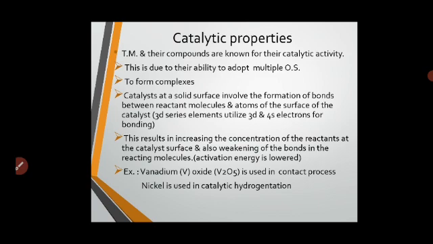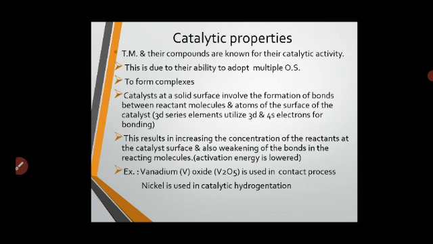Then the catalytic property. In the p block elements, we studied the manufacturing of ammonia as well as nitric acid, and in that we studied that iron is used as a catalyst and molybdenum is used as a promoter.